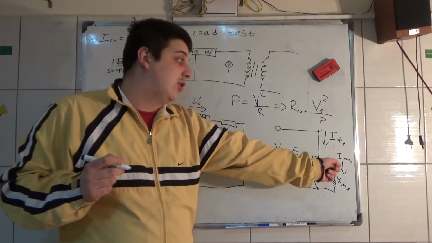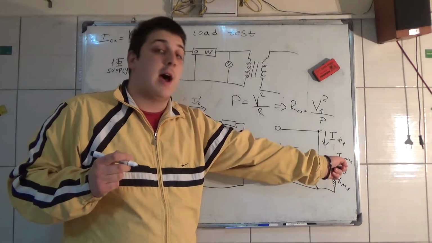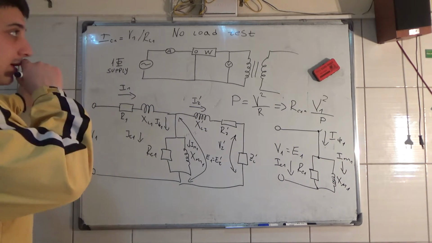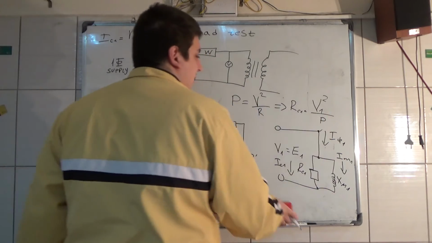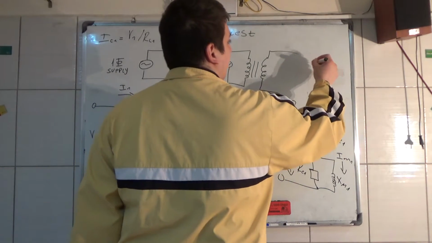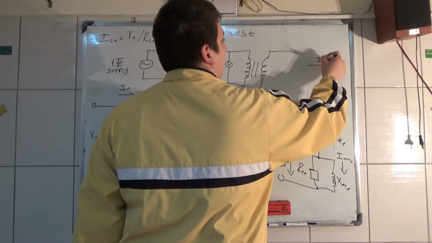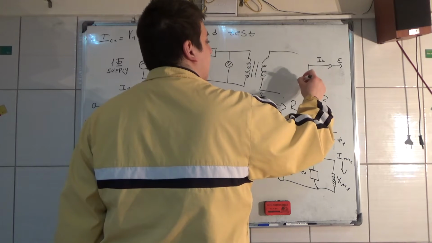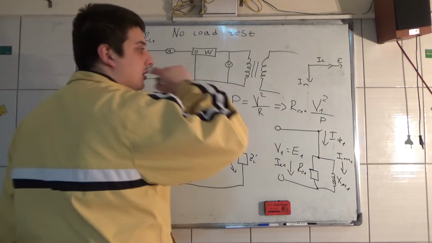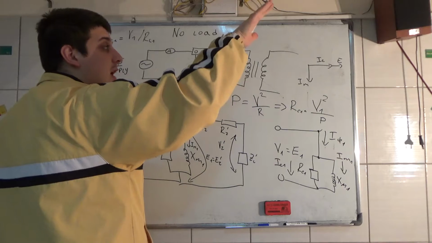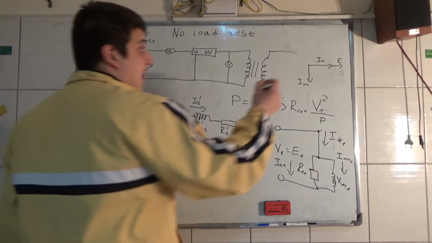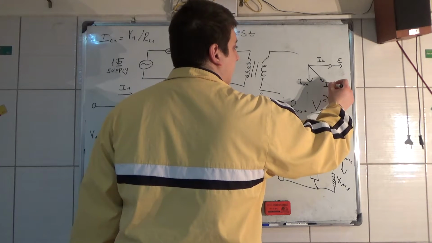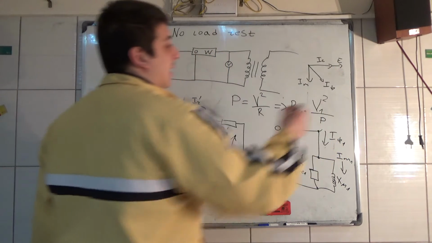And how can you measure the current IM1? Well, you know that for the exciting current, IC is in phase with the induced voltage, and IM is 90 degrees shifted from it, and then the exciting current looks something like this.